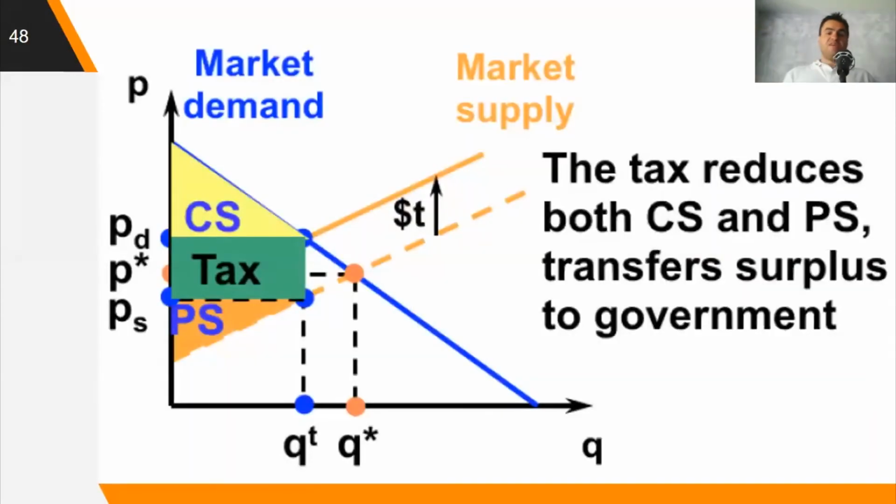Yes, this one. So the above triangle is the consumer surplus, the lower triangle is the smaller producer surplus, and the remaining part is the tax, and the white triangle in between these blue and orange points is the deadweight loss. Through this, we have all the welfare analysis that we need.